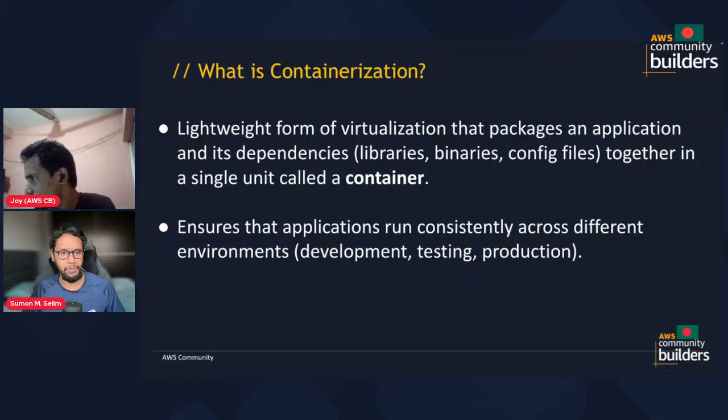So we develop applications in different languages. We use different libraries and dependencies, and to run these applications we need a specific environment. For example, if we want to run a Java application, we will need to install the JVM, and depending on our application we will need different config files and libraries.